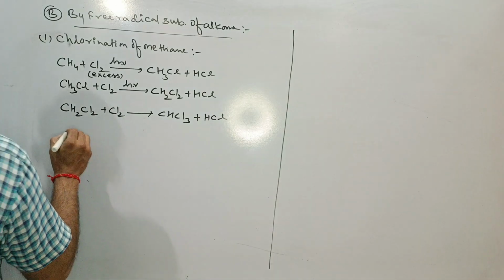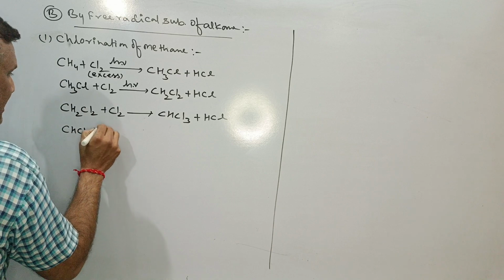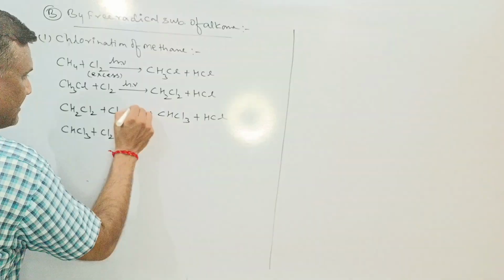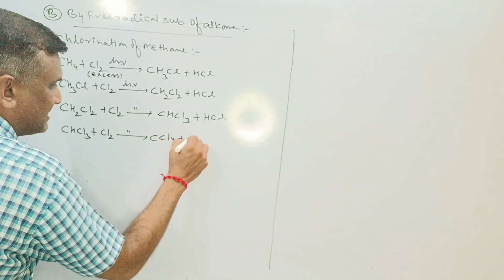Now I would like to go with the final step. This is CHCl3 plus again Cl2 in the presence of hν. Here there will be formation of CCl4 plus HCl.